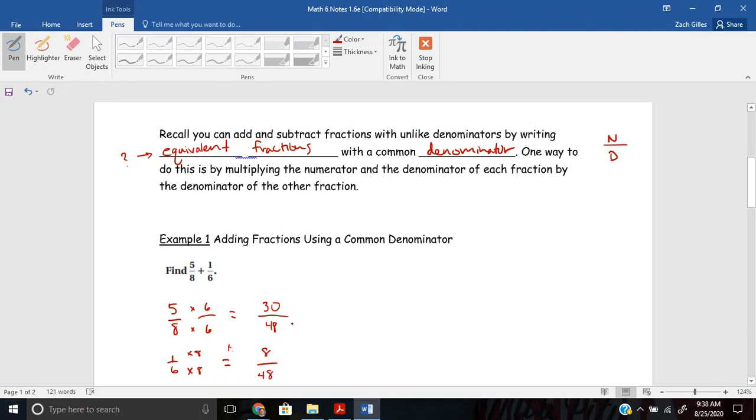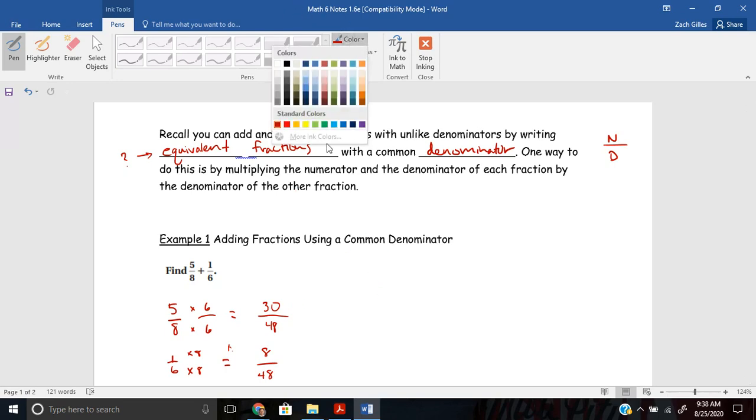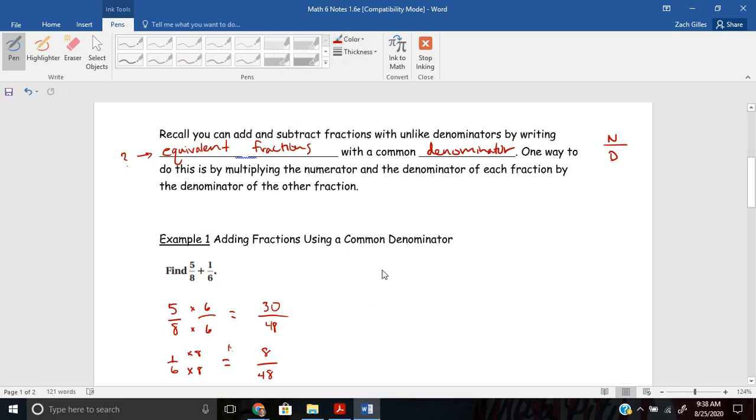And now you'll notice my fractions have a common denominator. I have 48 for both. So let me rewrite this as I have 30/48 plus 8/48. It's the same value as this, but now I have a common denominator.